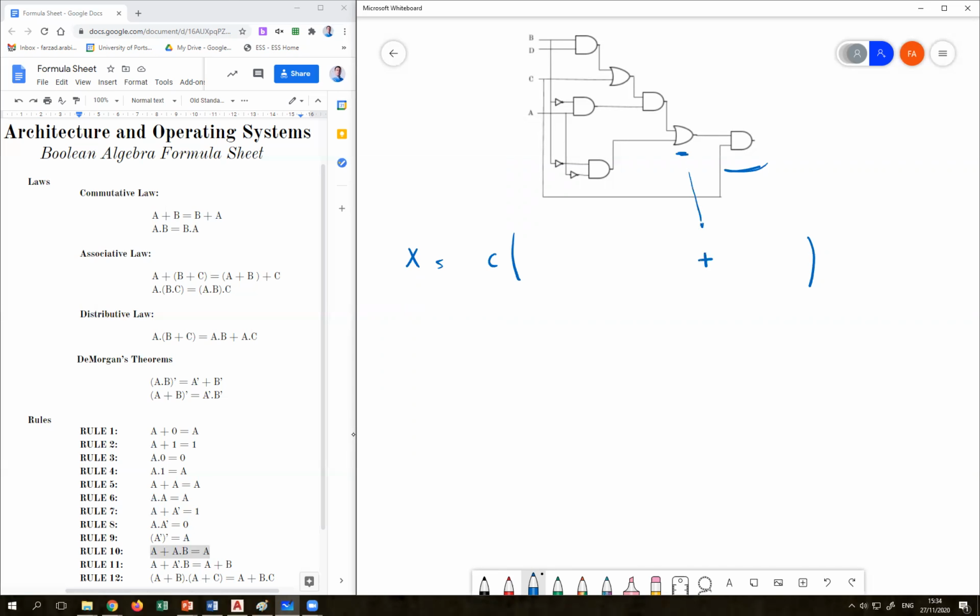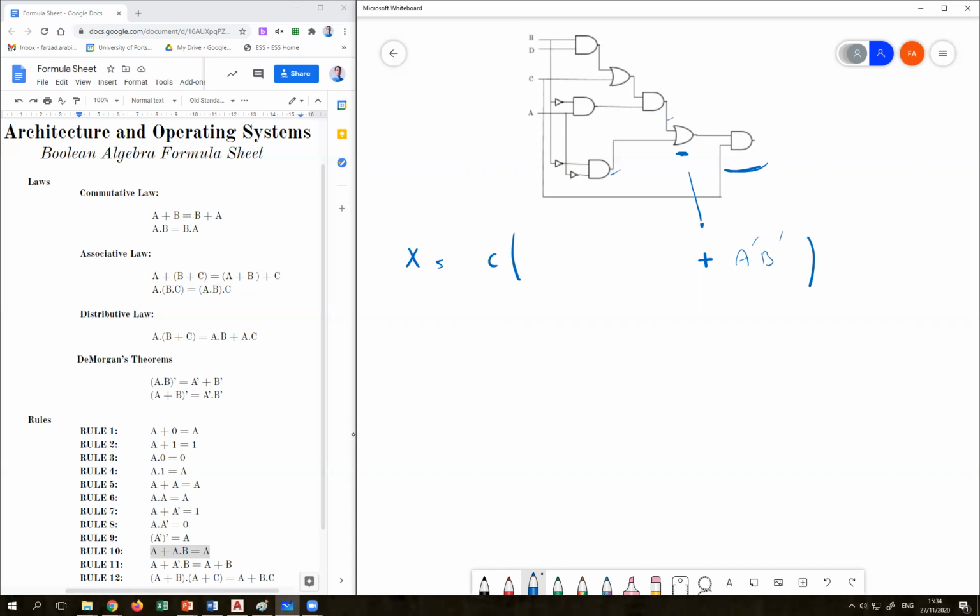One leg of this is this gate, which is B naught. What is this? This is A naught. A naught B naught, or B naught A naught. Let me write it as A, B naught, A naught, B naught. No difference, but just to make it better.